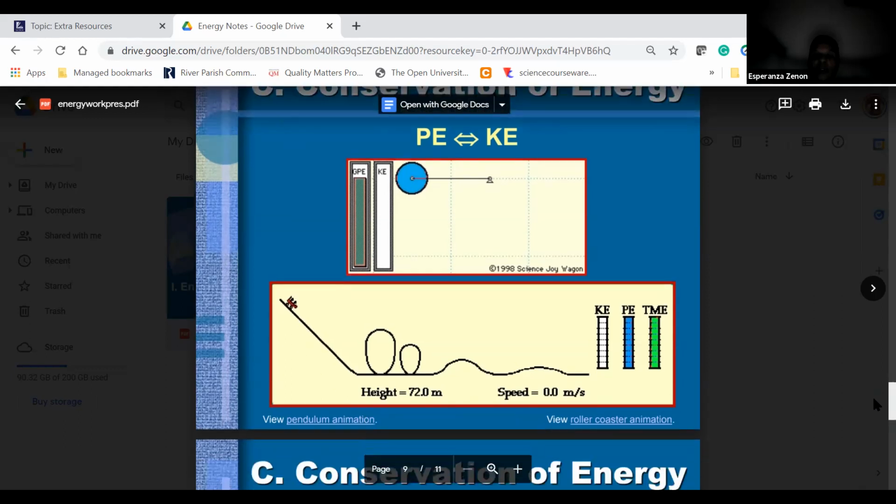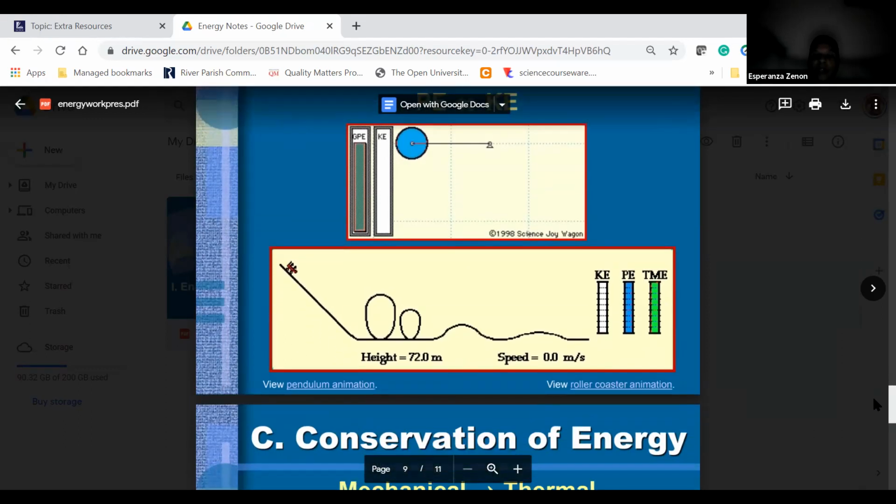And this roller coaster example is one where if it's a gravity-driven system and you can ignore friction, or you have to ignore friction, then no matter how the car moves in the roller coaster at any point along its motion, the total energy is going to remain fixed.